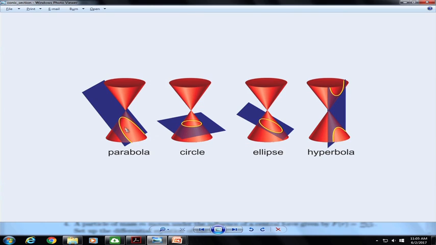So, depending on the angle at which the plane cuts this two-cone system, with one cone placed on the ground and one cone put vertically on top of it, we have a parabola, a circle, an ellipse or a hyperbola, depending on the nature of the interception.